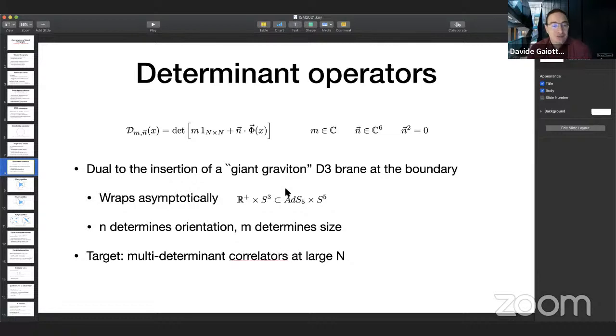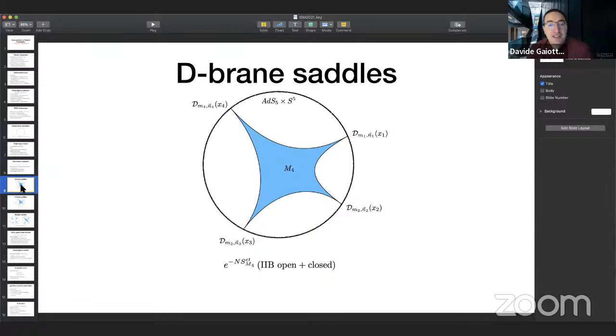And my objective is to study the correlation function of multiple determinants at large N within the chiral algebra subsector. In the physical theory, the expectation is that each determinant insertion tells you there is a D3 brane arriving at the boundary in a certain way.